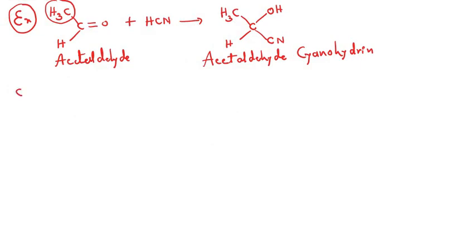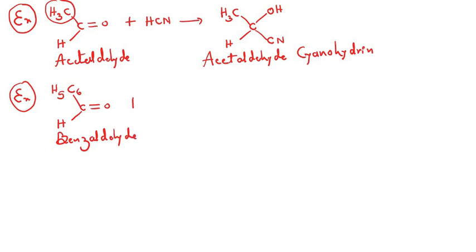I will take one more example of an aldehyde, where I write C6H5 linked to a carbonyl group and one hydrogen. The name of this compound is benzaldehyde. When benzaldehyde is treated with hydrogen cyanide, again we get an addition product.